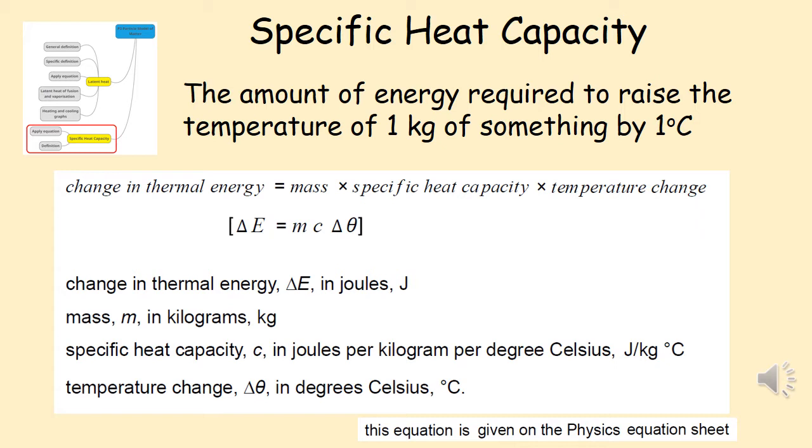The temperature change, which again is using this Greek letter delta, and then the Greek letter theta. So we say delta theta. That's got to be in degrees Celsius. And as long as you've done all of that, your specific heat capacity will be in joules per kilogram per degree Celsius. Written J stroke kg degree C.